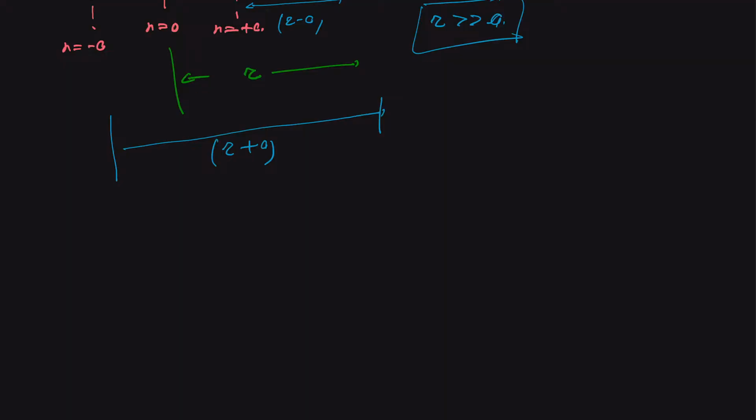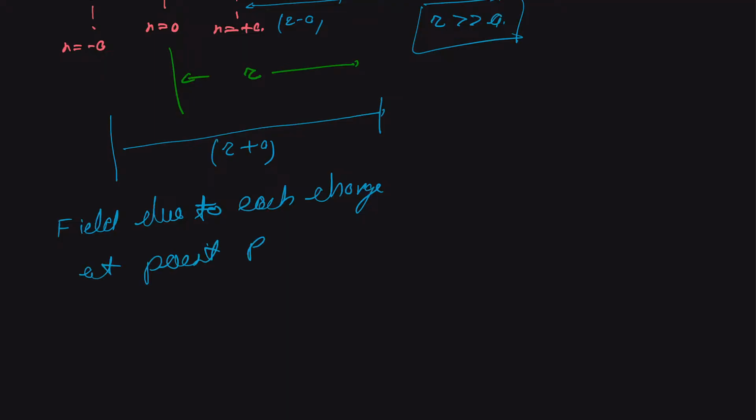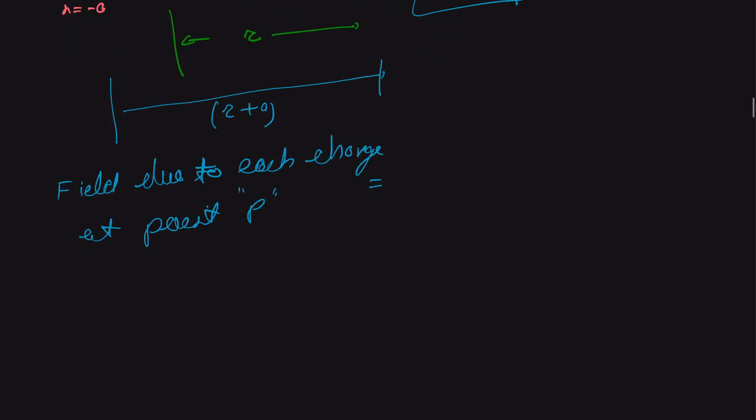Therefore, we can write that electric field from each charge at point P, field due to each charge at point P, we can write as E of r will be equal to 1 upon 4 pi epsilon naught, which will be a common factor.